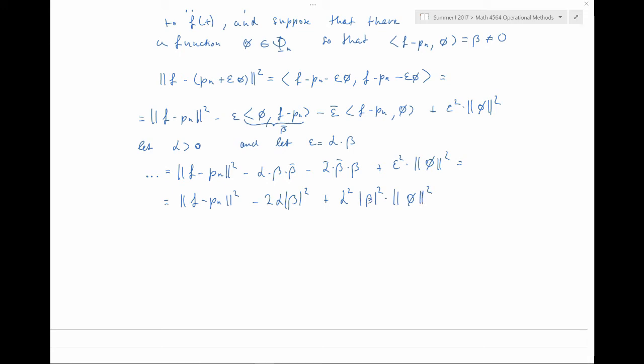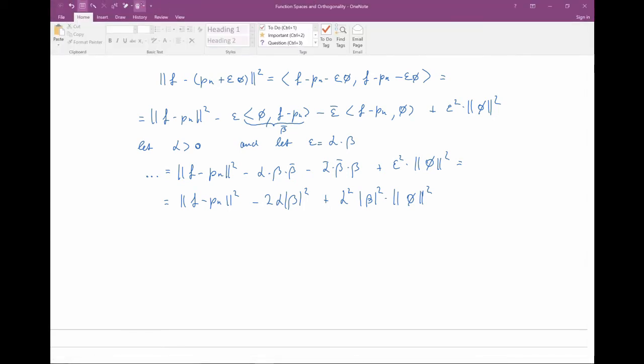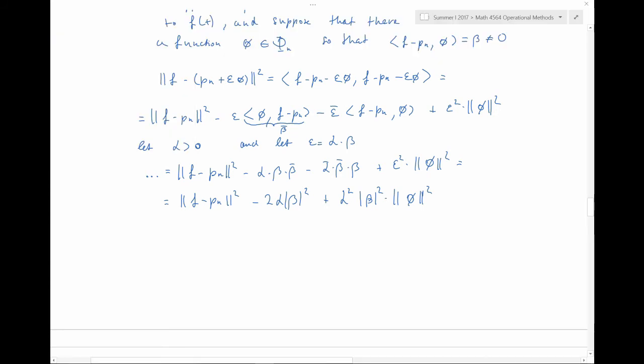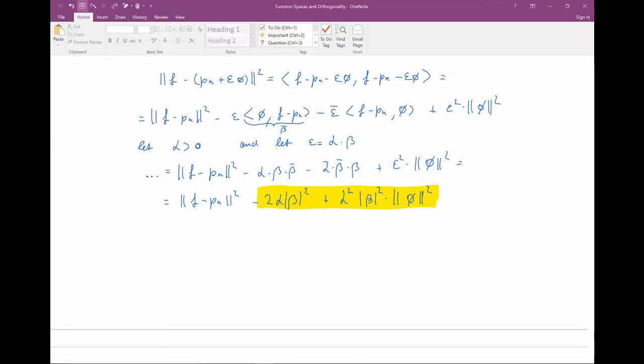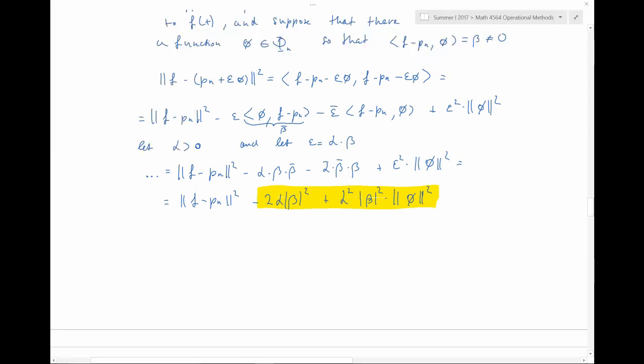So in fact we have a quadratic equation in terms of alpha, and when alpha is 0, this term that I'm going to highlight is exactly 0. Since every quadratic equation has two roots, there's going to be another root for some positive value of alpha.